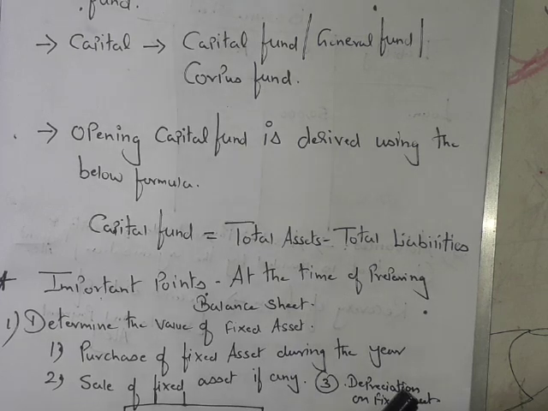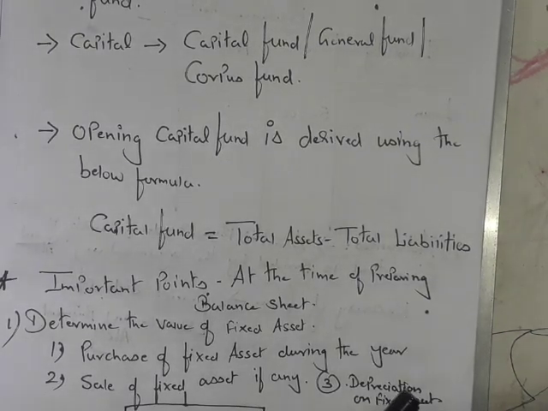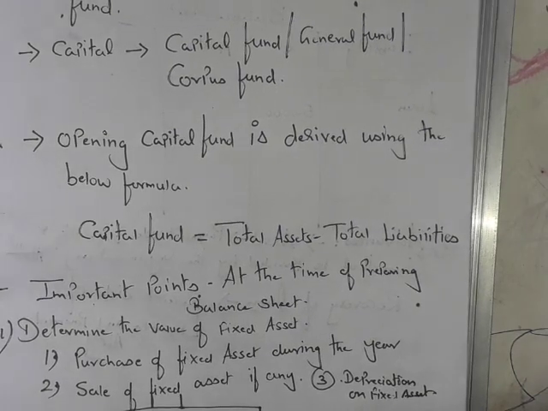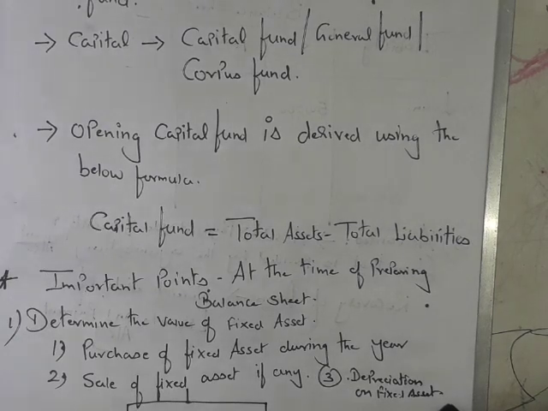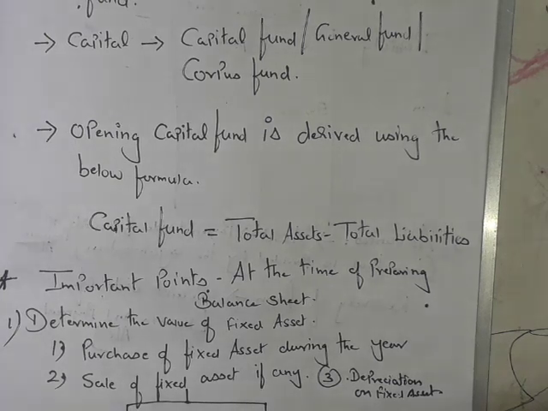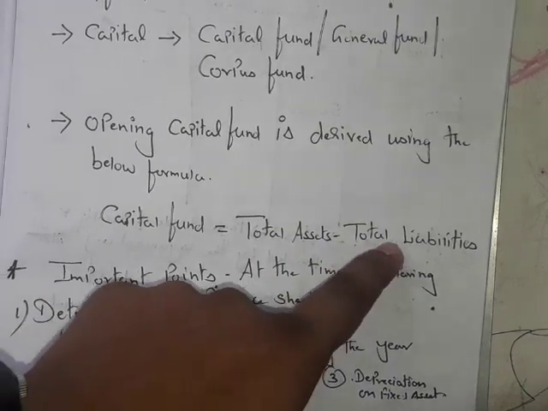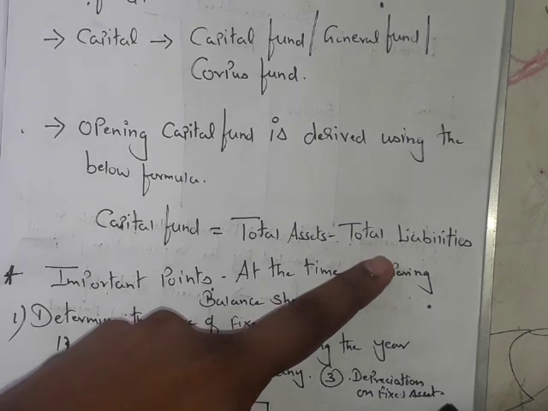In the same way, even in a non-profit organization, we might prepare the opening balance sheet and the closing balance sheet in order to derive the opening capital fund or the closing capital fund, as the case may be. However, the formula to find out the capital fund is total assets minus total liabilities. Is it clear to you, students?